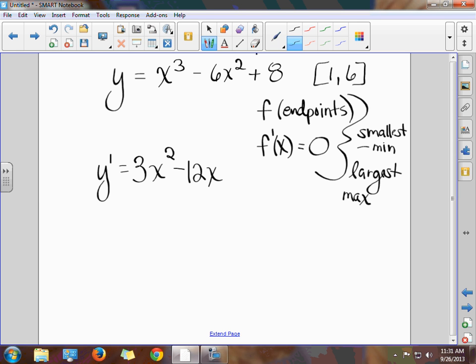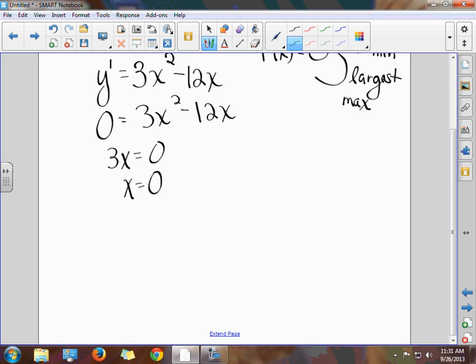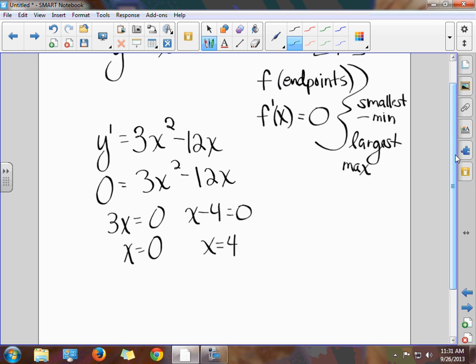Sorry, not evaluated at 0. So if we set this equal to 0 and solve, I'm going to factor out a 3x, so I get that 3x is equal to 0, which implies that x is 0. I'm also going to get that x minus 4 is equal to 0, which gives me that x is equal to 4. So these are my two critical values.